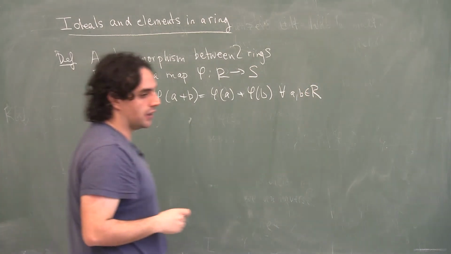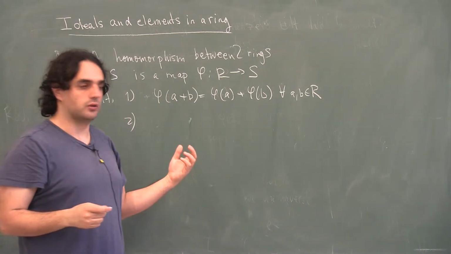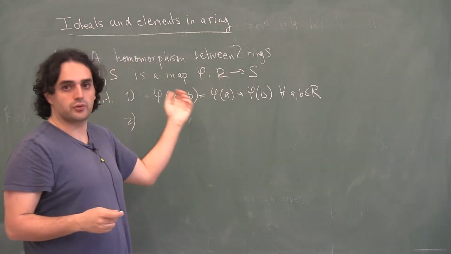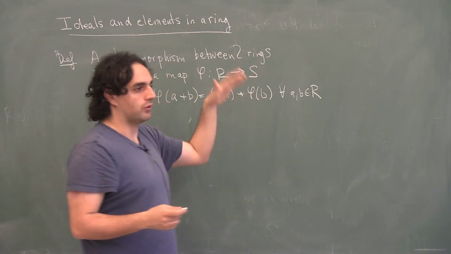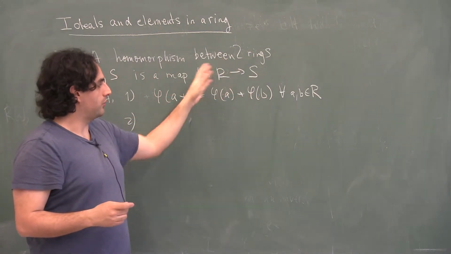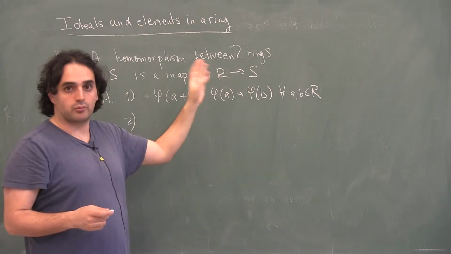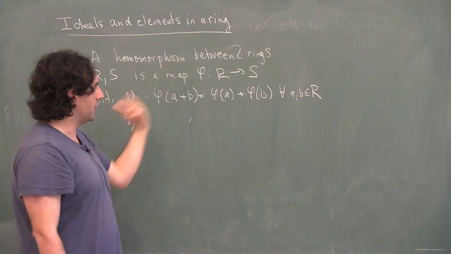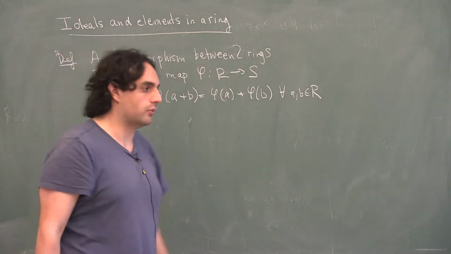Secondly, we want to say that phi is also multiplicative for its multiplication. If R and S were groups under multiplication when we remove 0 from them, which will happen, for example, if they are both fields or both division rings, then in that setting we would want the map between those groups to be a group homomorphism.